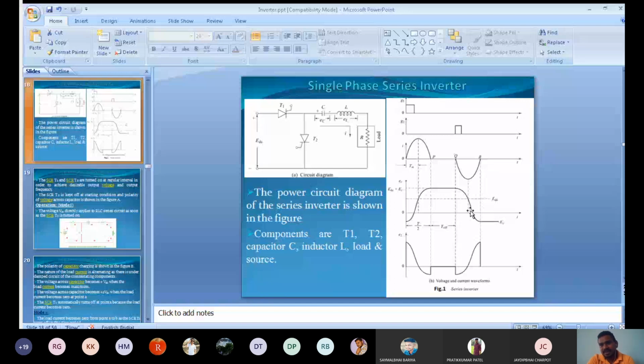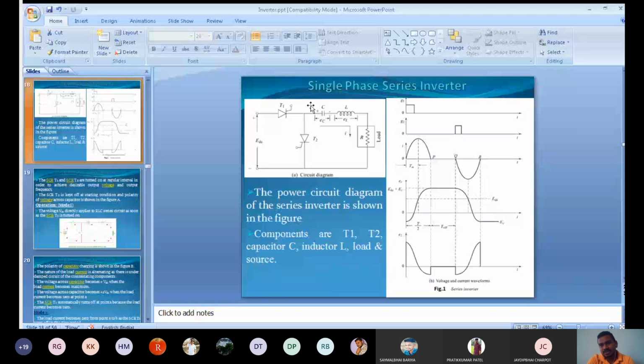Now the negative current reduces, and at this point the charging voltage becomes 0. Now it charges in the negative direction, so the right-hand side plate becomes positive and the left-hand side plate becomes negative.